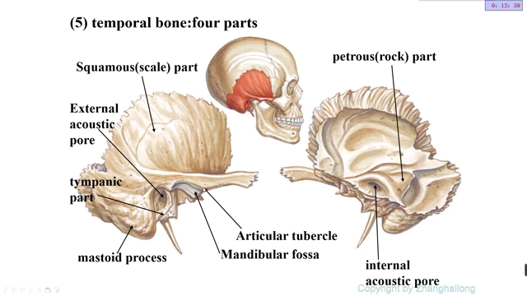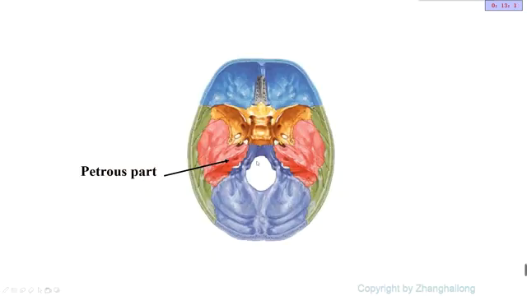The articular tubercle also forms this joint. Okay, that's the temporal bone. And this long one is the zygomatic arch. From the name you know it connects with the zygomatic bone here. From this picture you see the right area is the temporal bone, and in the medial side is the petrous part. Here, the internal acoustic pore.